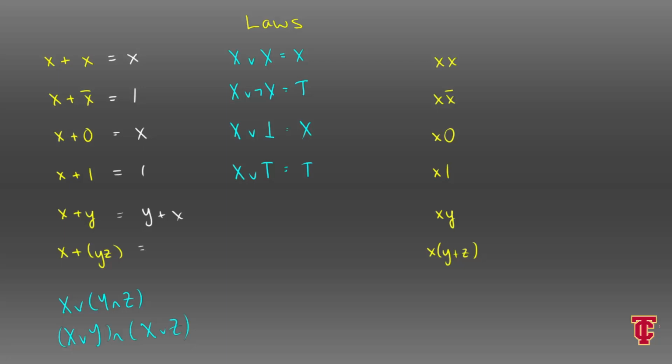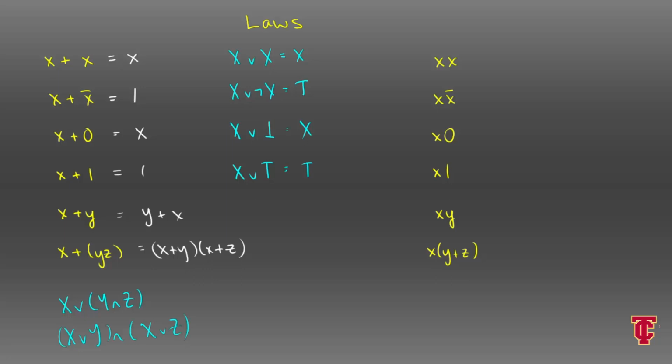Either we get an X plus Y, or it's X or Y, and we get X or Z. I have to make sure that I'm using plus symbols instead of the or. This one looks a little weird because you're probably thinking, in arithmetic, x plus y times z does not expand this way, but in Boolean algebra it really kind of does.